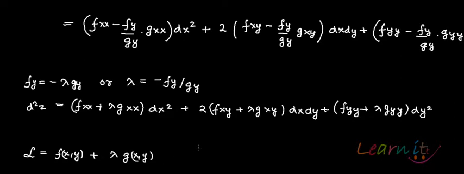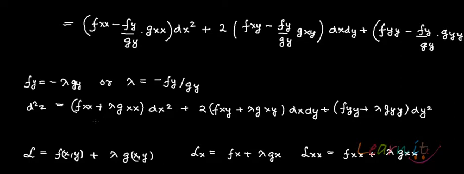Now tell me one thing, what is Lx? Lx is del L by del x, which is fx plus lambda gx. Fine. What is Lxx? Which is fxx plus lambda gxx. And this is the first term which you have here.